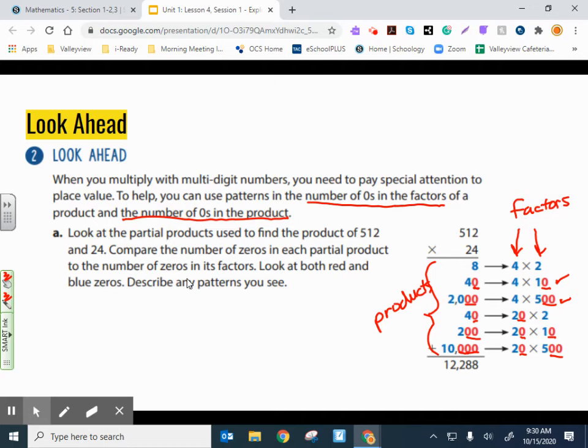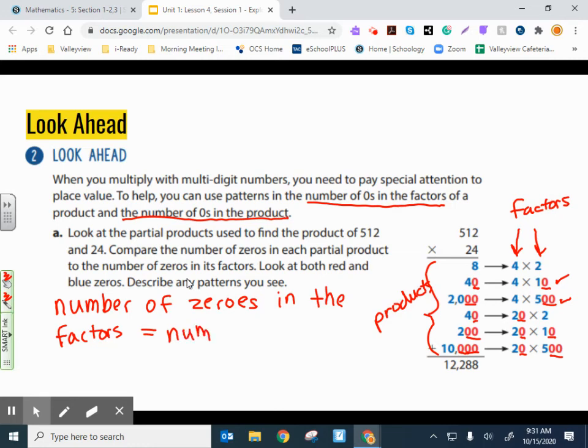So those zeros help determine the place value, which we'll go over a little bit more in detail later on in review. But just for now, just be aware that there is a pattern available to you. So when it says describe any patterns you see, the number of zeros in the factors equals the number of zeros in the product.